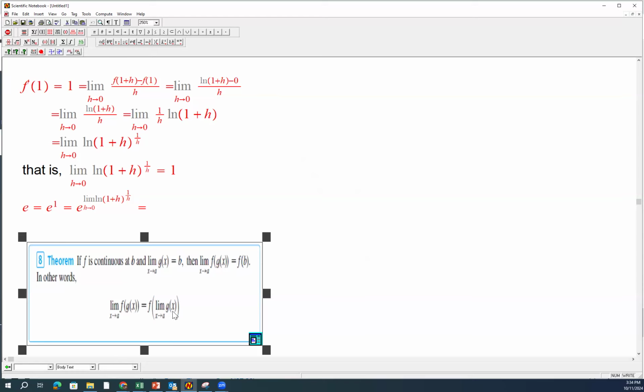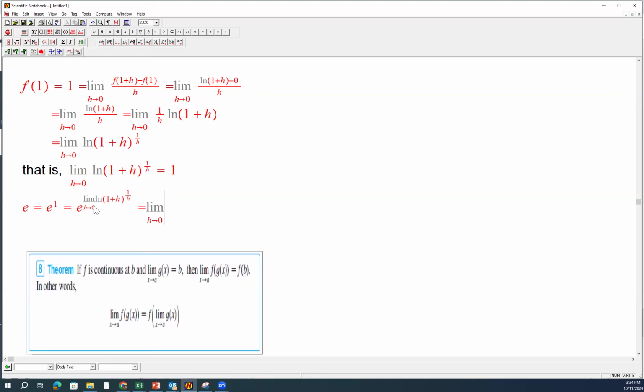We're going to do it from right to left, which is to bring the limit outside. So we take this limit outside, and now we get e raised to the power of ln of this limit. We use this theorem because e to the power x is a continuous function.